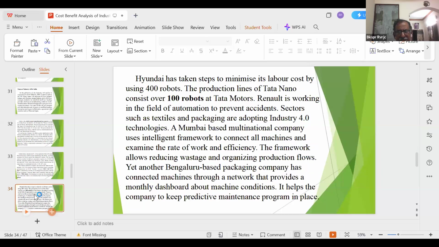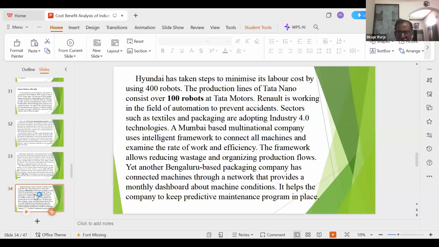Hyundai has taken steps to minimize its labor cost by using 400 robots. The production line of Tata Nano at Tata Motors consists of over 100 robots. Renault is working in the field of automation to prevent accidents.